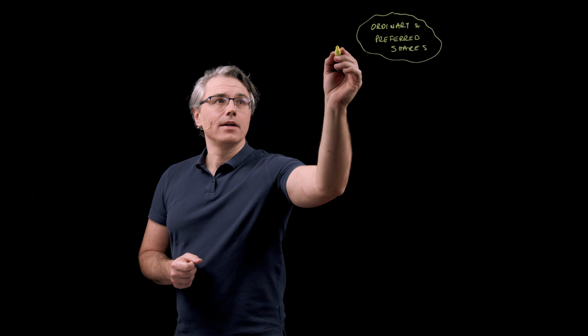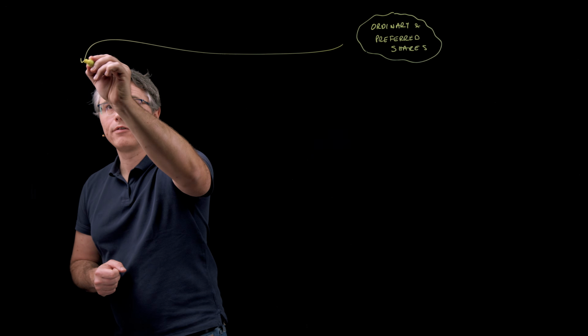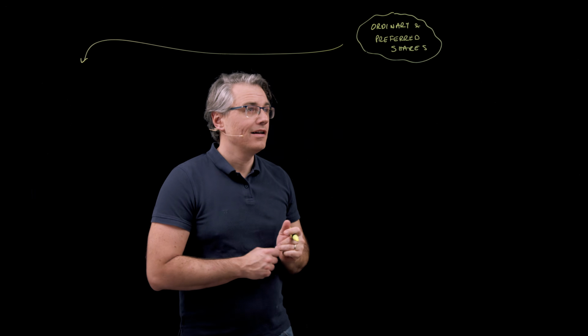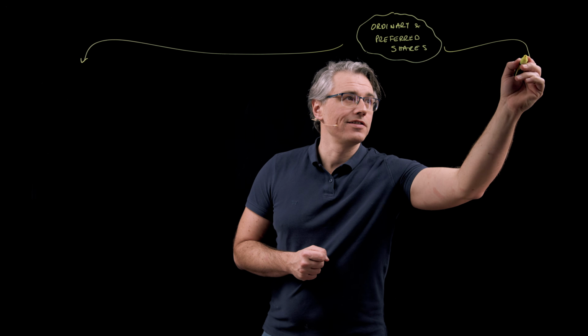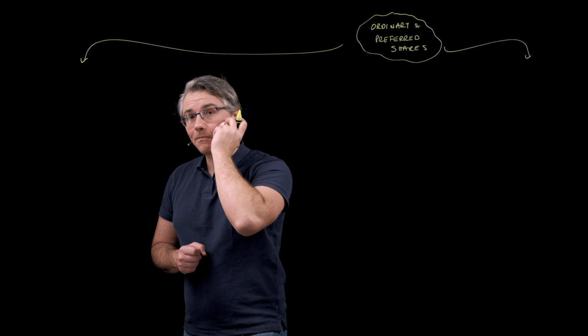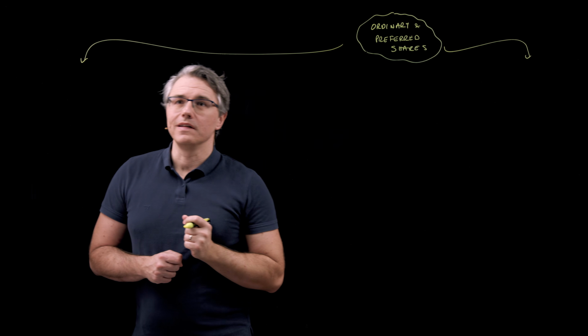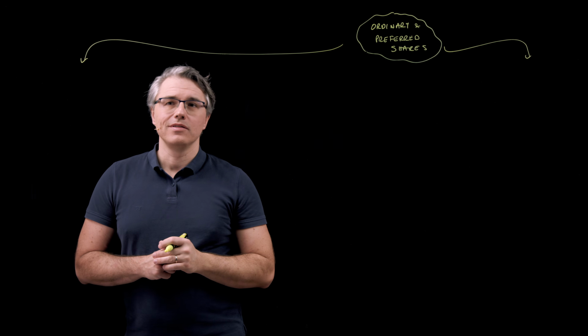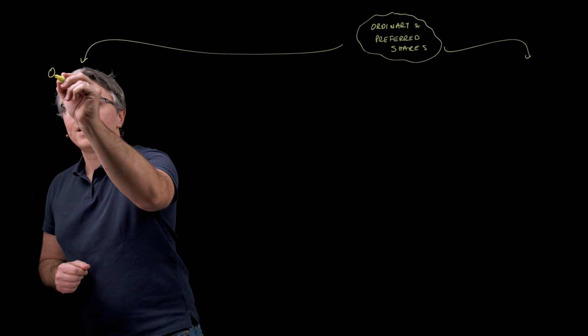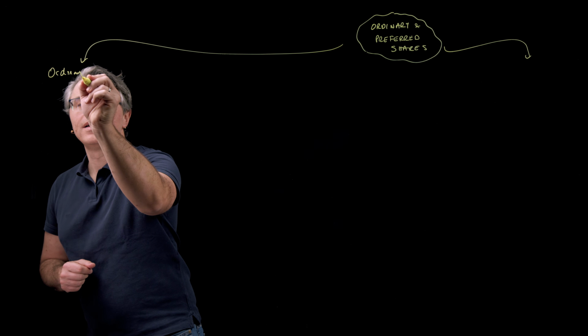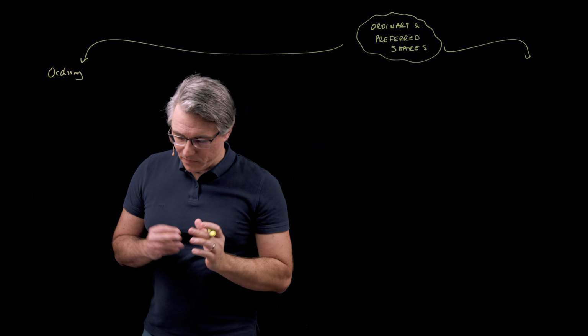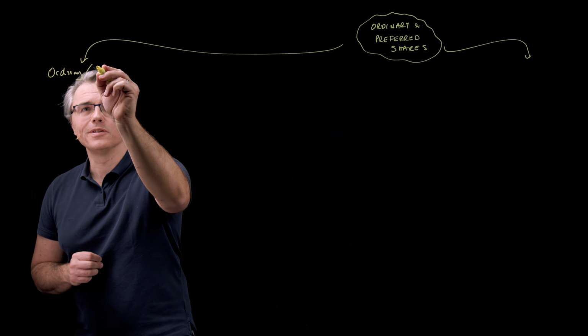So let me draw one arrow to the left-hand side, one arrow to the other side, and state accordingly on this side ordinary shares, but we often call them common.